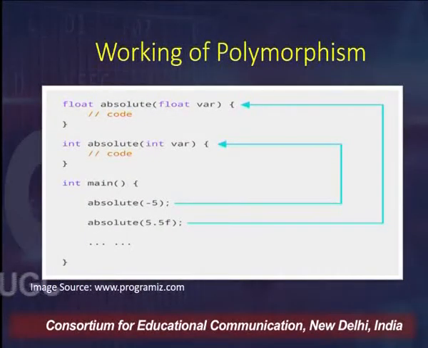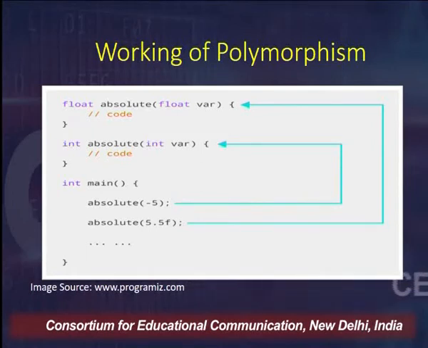In the main function, when I call absolute minus 5, as you can see in the figure, it calls the version of absolute for integer, and on writing absolute 5.5f, it calls the version of absolute written for the float variable.